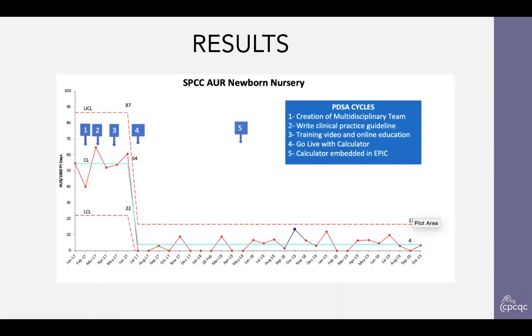We thought we were doing okay. We were actually at or slightly below the Vermont Oxford national averages, but through the use of the calculator, we were able to improve our antibiotic use rate pretty dramatically. And as you can see, our control limits are much narrower on this run chart, and our results have been very consistent thereafter.